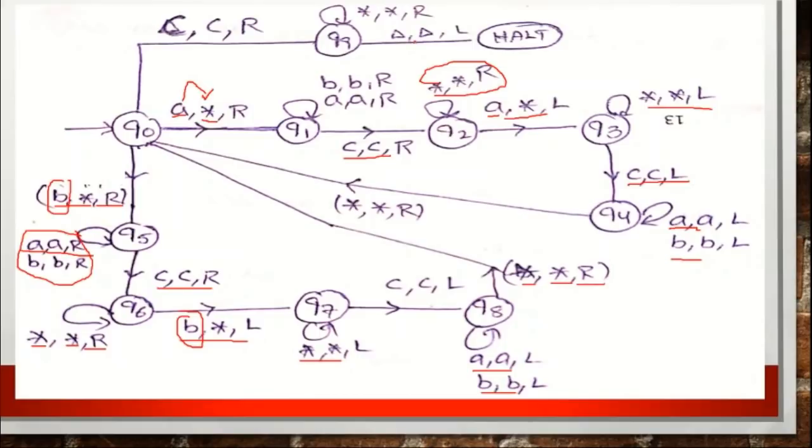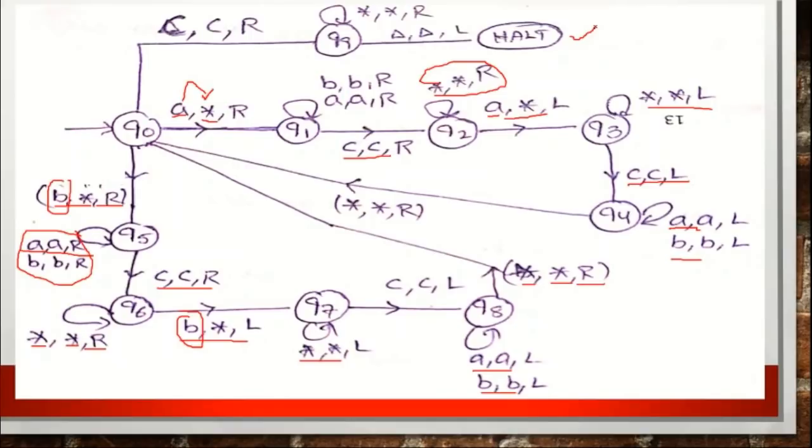That means the first part was completed, and in the second part all input symbols are also marked, so both are matched. That's why we go to halt, that means the string is accepted by the Turing machine.